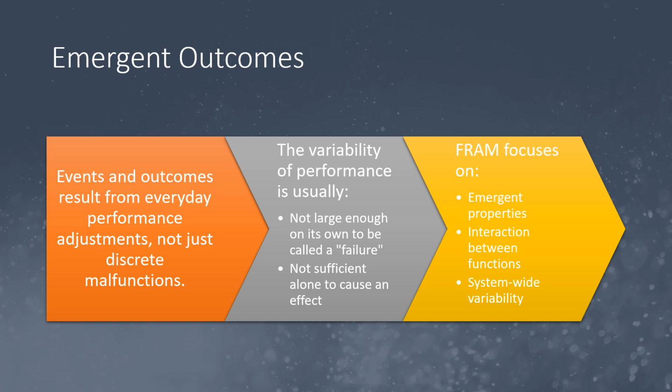When multiple small variations interact, they can combine in unexpected ways with nonlinear and sometimes disproportionate outcomes. So both acceptable and unacceptable outcomes can emerge from the same underlying system behavior. FRAM focuses on emergent properties, the interactions between systems, and system-wide variability.